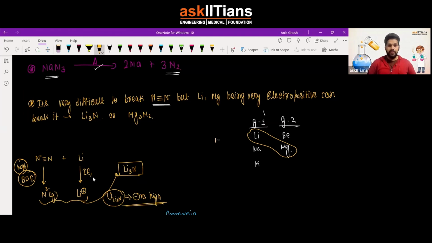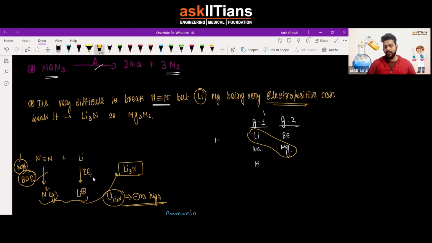Why is it highly negative, guys? Because lithium being a very, very strongly electropositive element, the lattice enthalpy for lithium is so negative that the high bond dissociation energy needed to break the bond is being compensated.